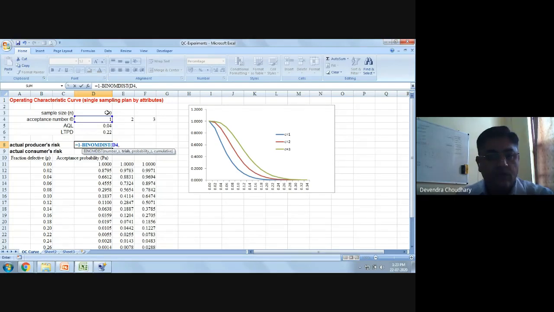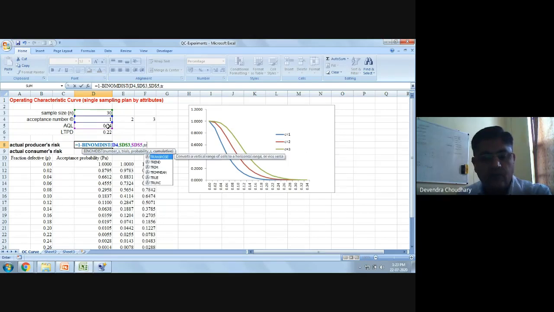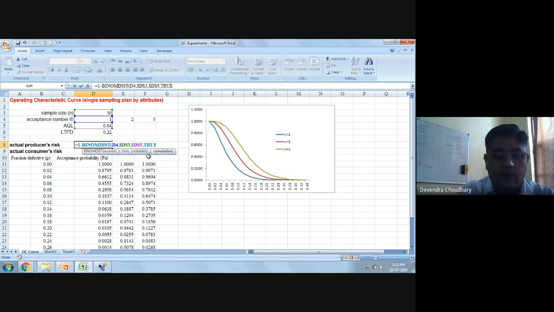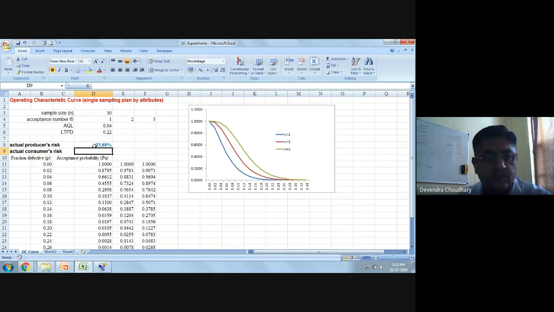Then the number of trials, I will freeze here trials only. Then I will take this probability, that is basically your fraction defective, and that is the AQL level. So I will again freeze it, and then I will write true. So I get 1 minus probability of acceptance, that is probability of rejection, and that is equal to your producer's risk.